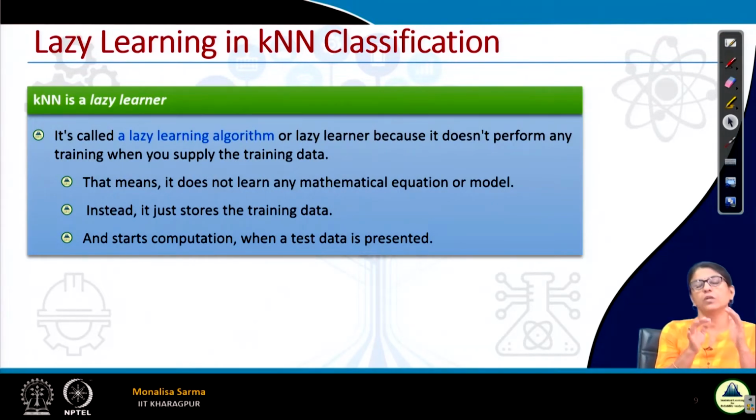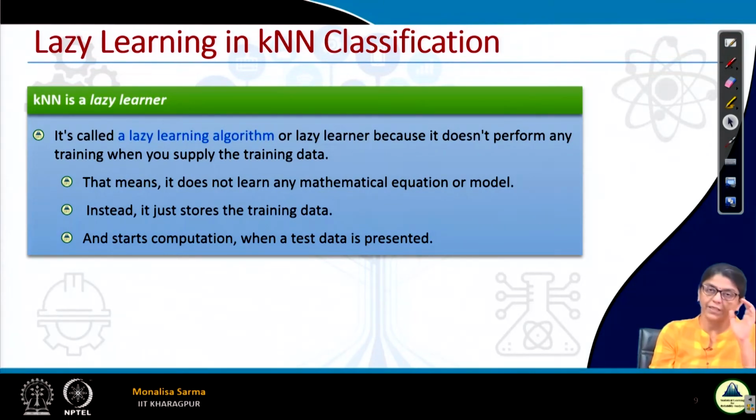Based on that model, given an input, we try to find out the output. If it is regression analysis, given x, what is the value of y, that is what we try to find out. If it is a classifier, given x, what is the class of this x, that we try to find out. Whether it is regression analysis, classification, or clustering.